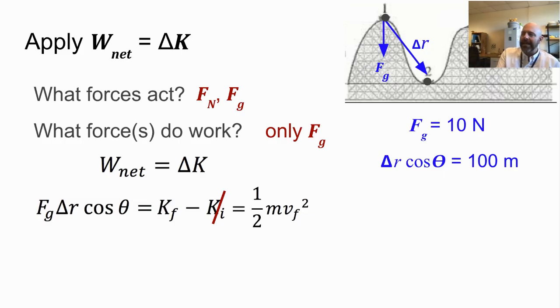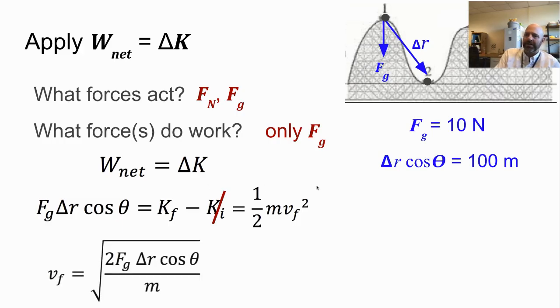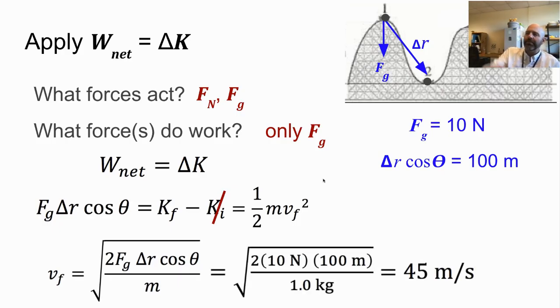If you take that as the hypotenuse of a triangle, the distance traveled, the force of gravity is pulling straight down, and the delta R vector is across this way, but the height of that triangle formed by the delta R and the flat surface would be delta R cosine theta, which means that height is actually the delta R cosine theta part of this equation. So instead of delta R cosine theta, we can just say that's the 100 meters that it went down.